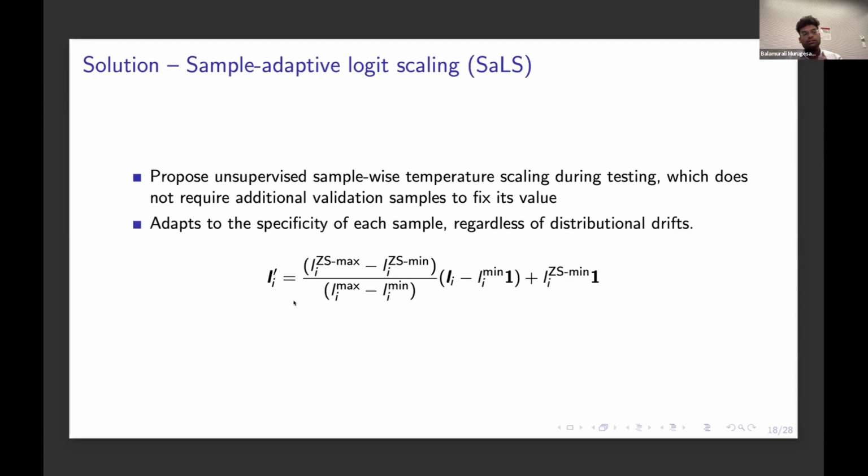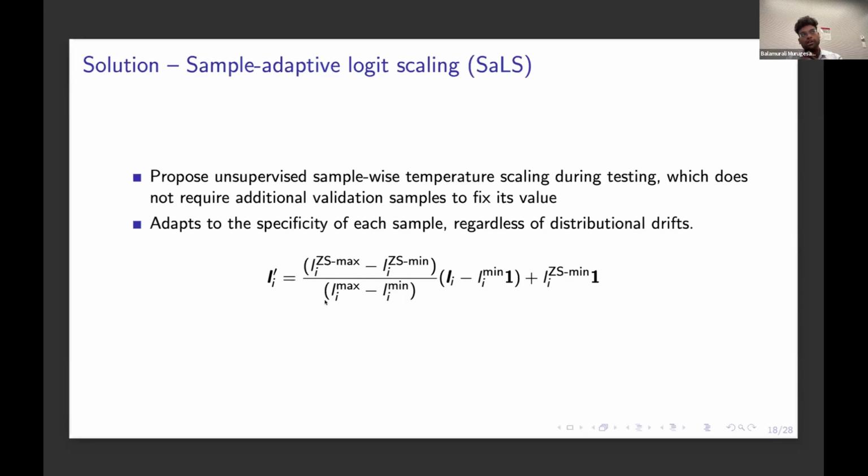Generally when you use temperature scaling, you need additional data to find the temperature value. Here we don't need any additional samples. We give just one sample and get the zero shot prediction, and we give whatever model you have and get that prediction. Then you take that prediction and renormalize it based on the range of zero shot. This way you can do this during the inference time itself.